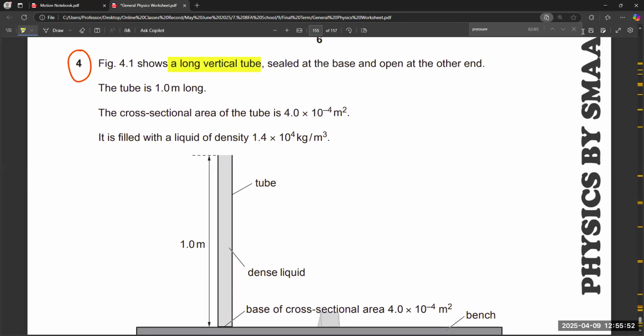So a long vertical tube sealed at the base and open at the other end. The length of the tube is 1 meter and the cross-sectional area is also given. The density of the liquid is also given. So density is given, area is given, length is given.